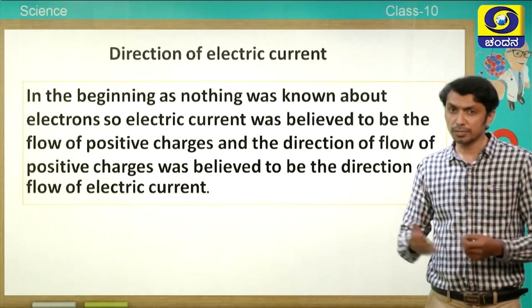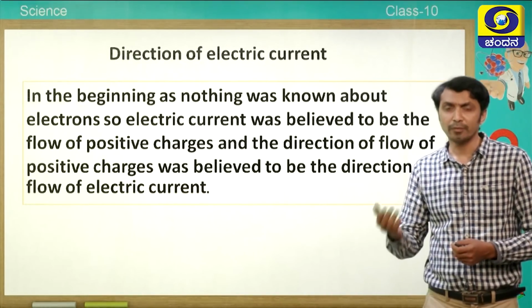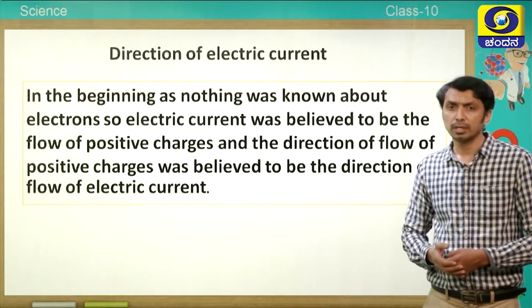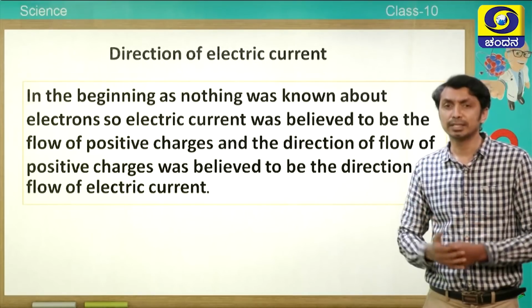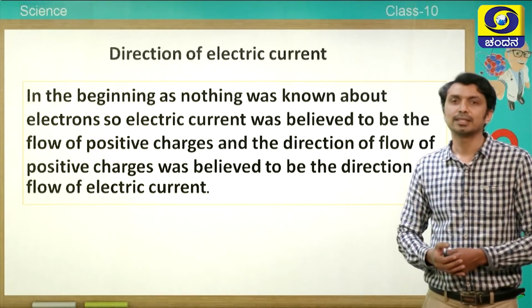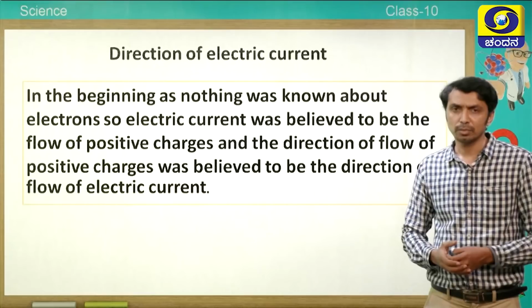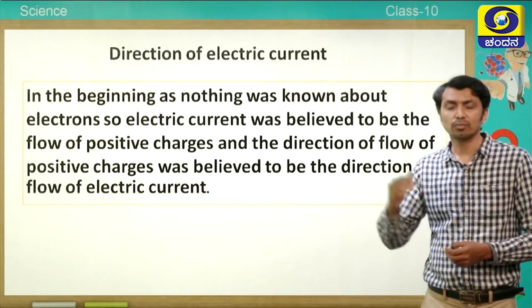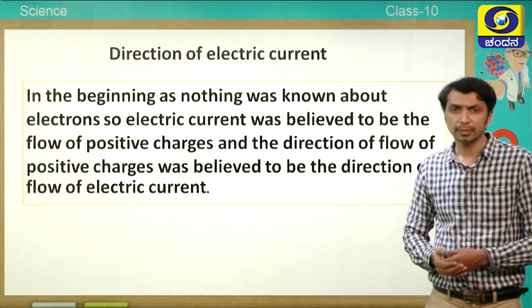Children, now we have seen how the charges move when the circuit is closed. My question is, does electric current have a direction? Yes, you are right. You have seen it already in the activity that charges are moving from one point to the other.